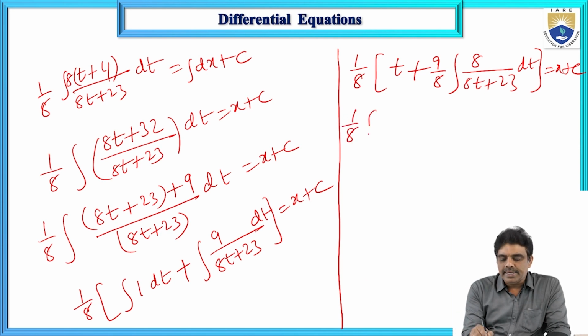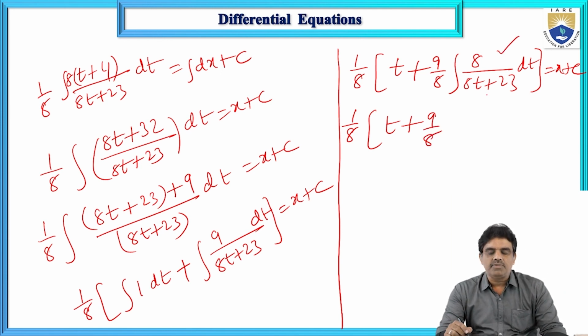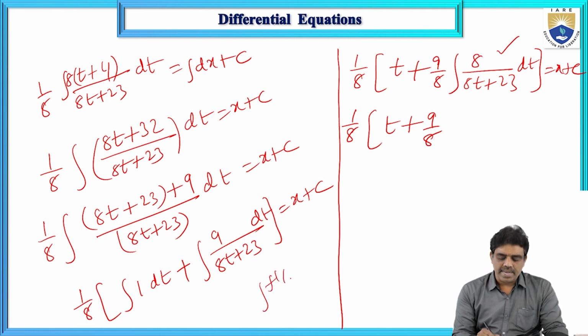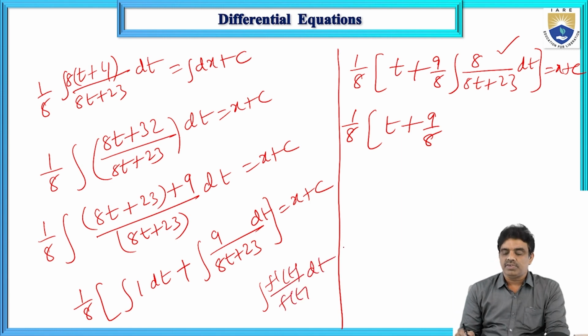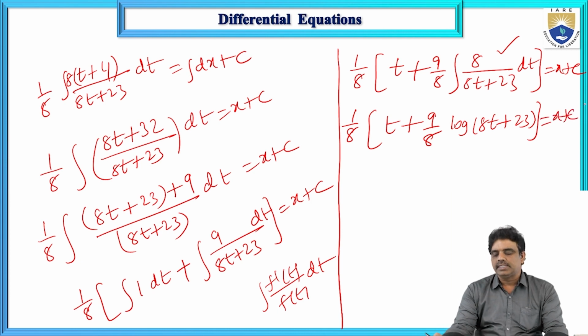Then 1 by 8 into t plus 9 by 8 into the integral of 8 by (8t plus 23) dt, which looks like f dash of t by f of t. On differentiating the denominator 8t plus 23, you get 8 appearing in the numerator. The formula is log modulus of f of t, so you can write it as log of (8t plus 23), and on the right side it remains the same, x plus c.